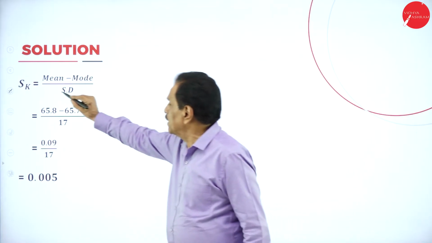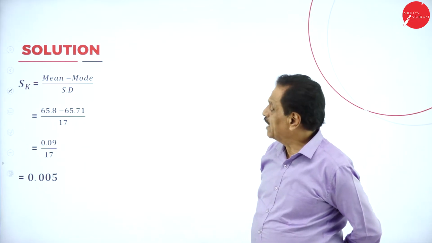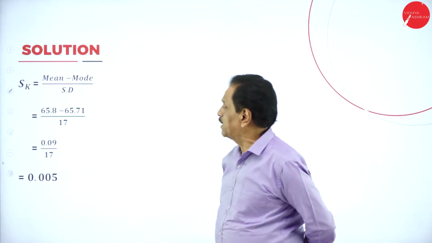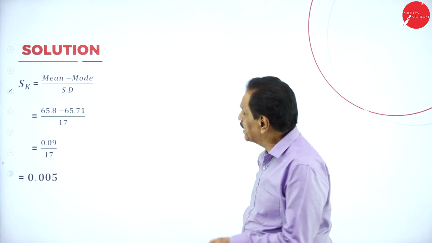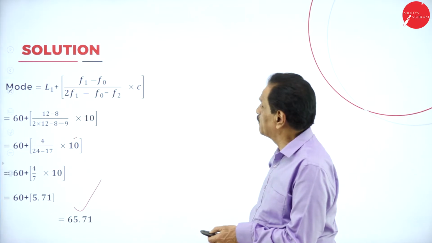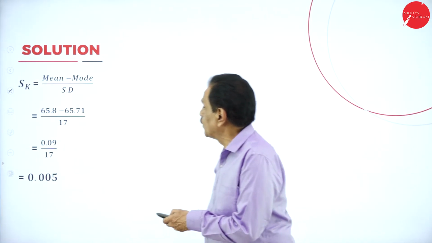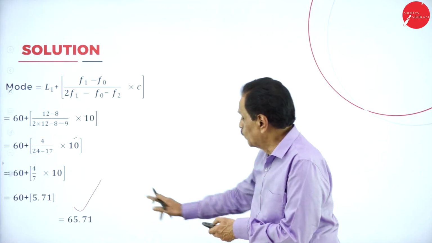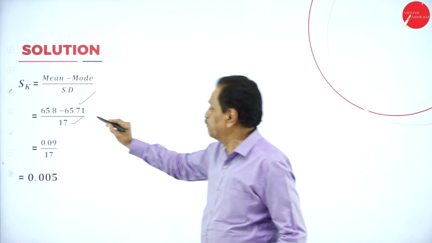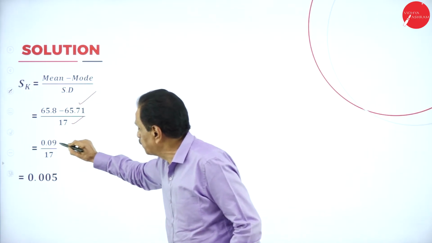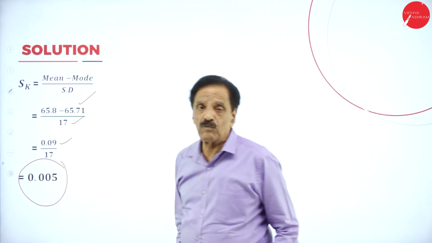Apply skewness: SK means skewness, mean minus mode divided by standard deviation. Your mean is 65.8, your mode is 65.71, your standard deviation is 17. 65.8 minus 65.71 is 0.09 divided by 17 is 0.005, less than 1.